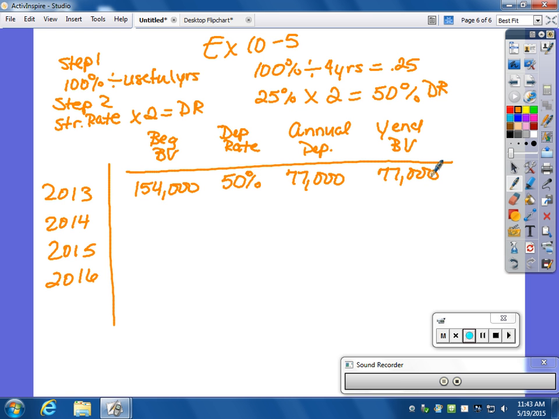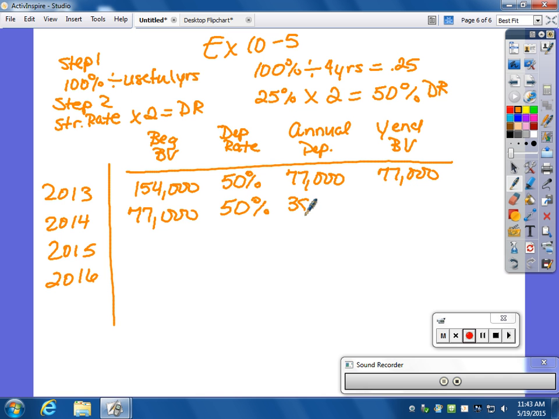All right, 2014. We ended 2013 with 77,000 book value, right? So that's the beginning book value for 2014, times the same double rate, 50%, which gives us an annual depreciation of how much now? 38,500.